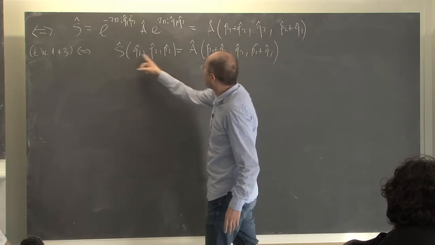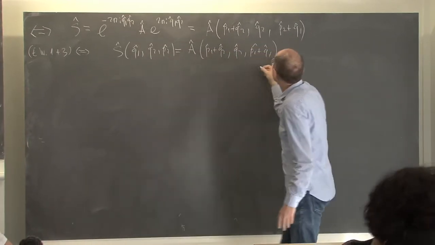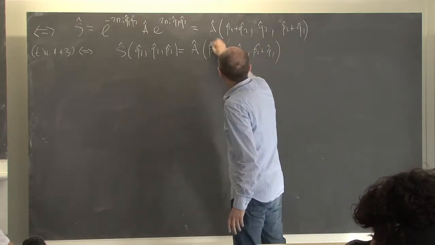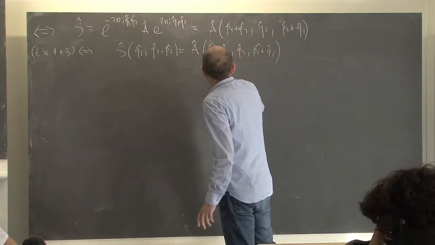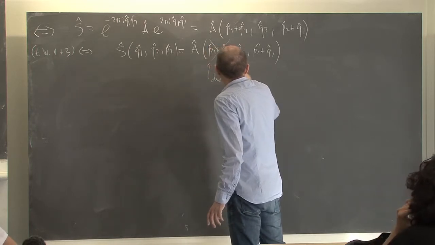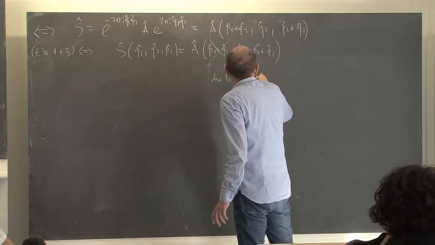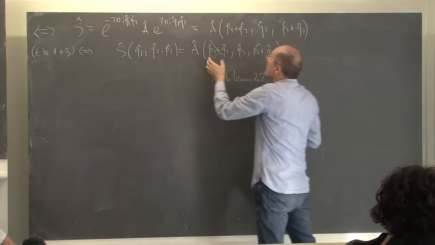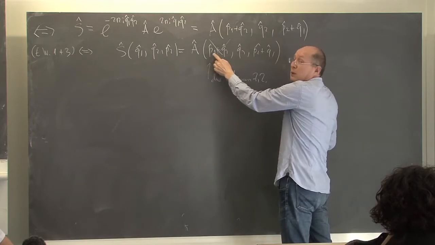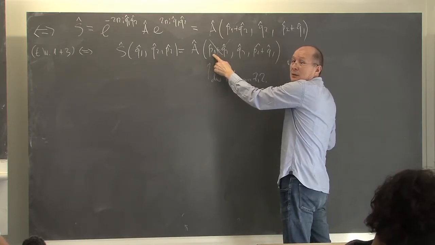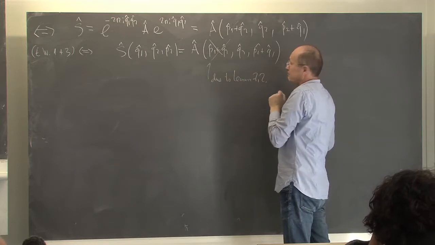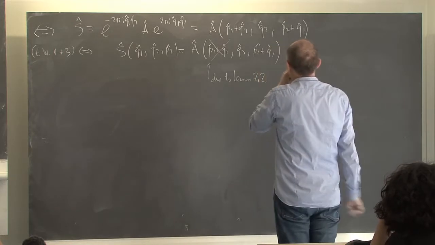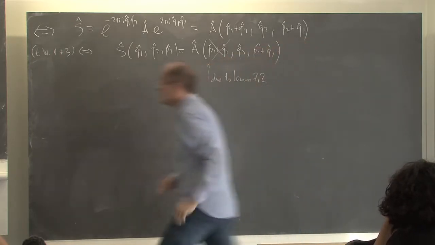First of all, we see that in the left-hand side there is no P1. But in the right-hand side there is P1. So we cross this out due to lemma 7.2. Right? If a function depending on Q1 is equal to a function depending on P1, then we, no, sorry.